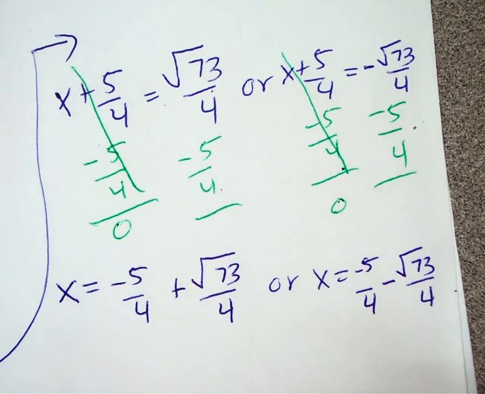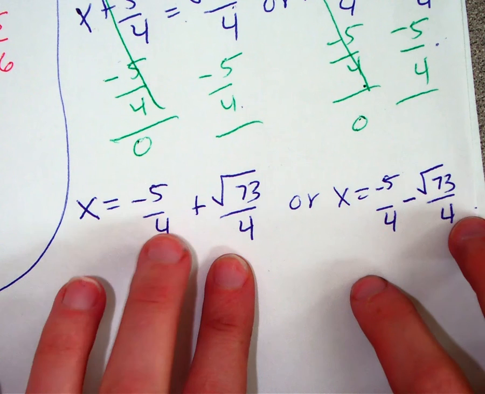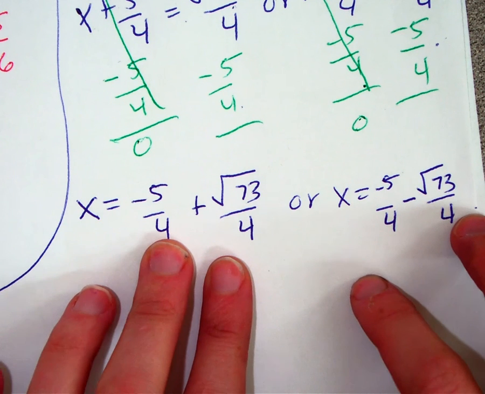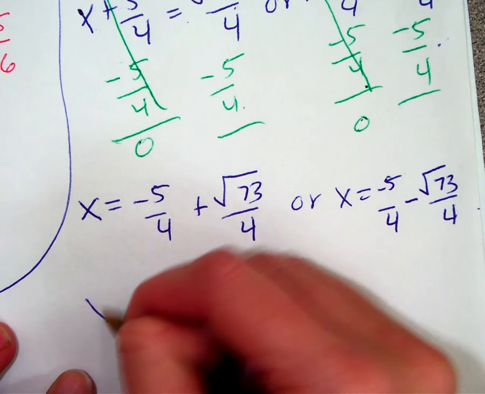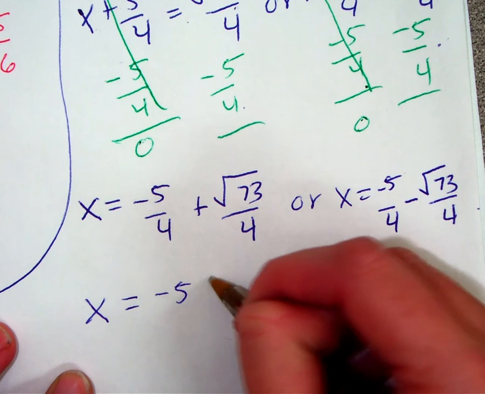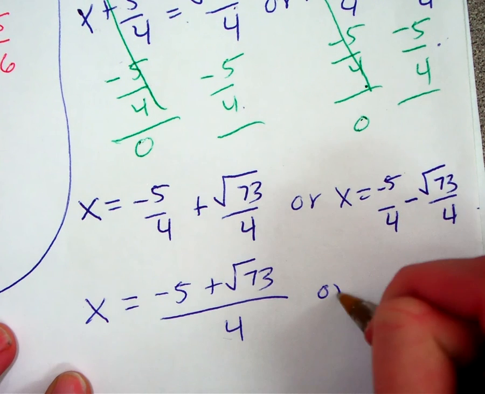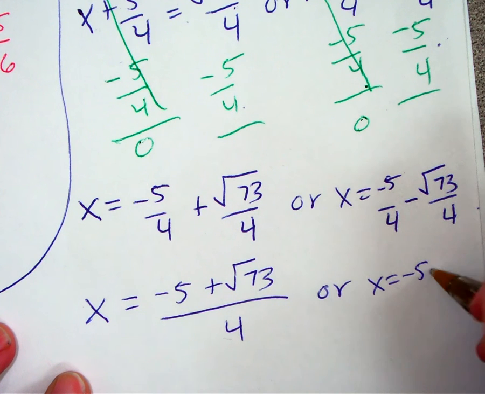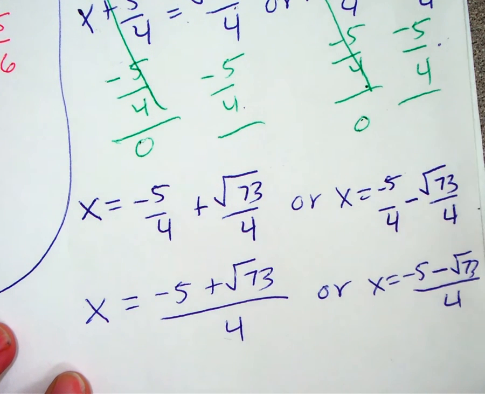Okay, so that's one way you could write your answer. Now, technically, you guys, since these are both over the same fraction, I could just write it as one fraction. They're both over 4. So you could also say x equals negative 5 plus root 73 all over 4. Or x equals negative 5 minus root 73 all over 4. All right?